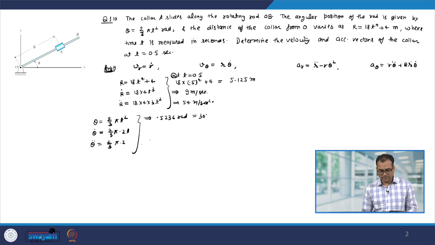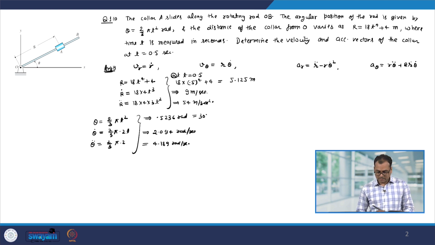So, it comes out to be 30 degree, and theta dot is 2.094 and theta double dot is 4.189 radian per second square. So, now we know r dot, r double dot, theta dot and theta double dot, therefore, we can write down Vr, V theta, Ar and A theta.